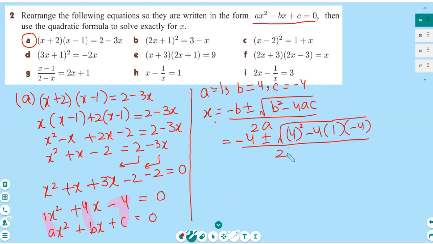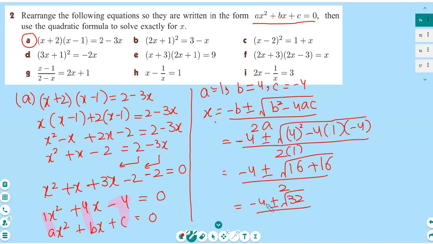Over 2 times a, 2 times 1. Now simplifying this, negative 4 plus minus, 4 square is 16, and minus into minus plus 16. 4 into 4, 16. 2 times 1 is 2. So negative 4 plus minus square root of 16 plus 16 gives you 32.